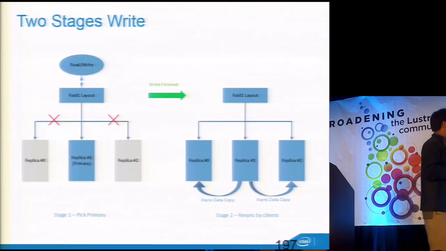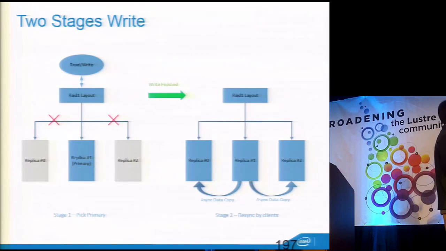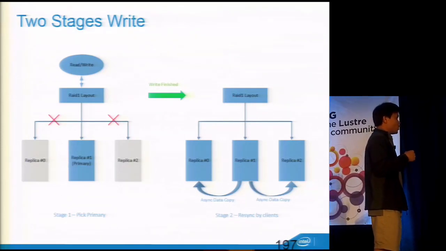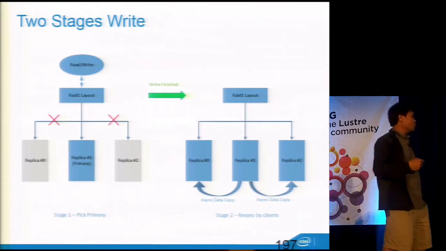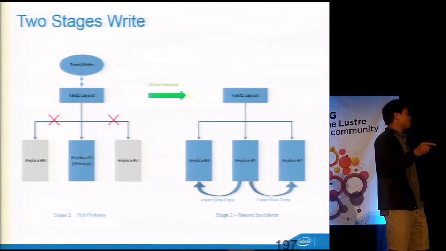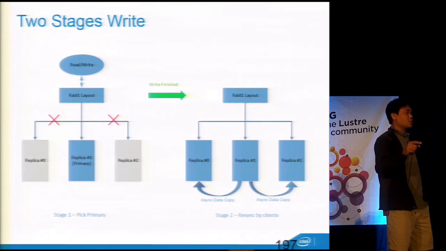So after the write is finished, in the diagram on the right, there's no read-write request, and there's nobody opening this file for write. We can start a resynchronization process. The data will be copied from replica 1 to replica 0 and 2 asynchronously.